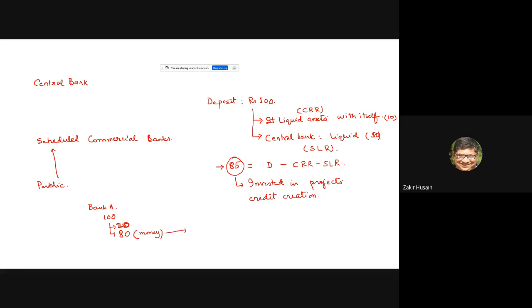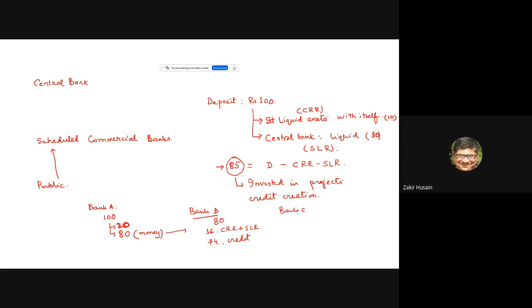Now this goes to bank B. So what happens is, out of this 80 rupees, 20%, which is 16, is your cash reserve ratio and SLR, and 64 is the credit created money.